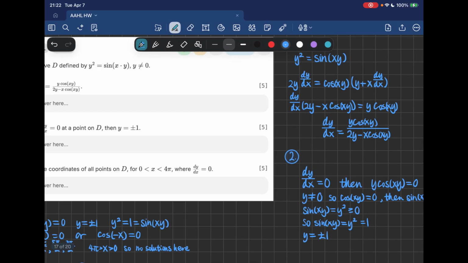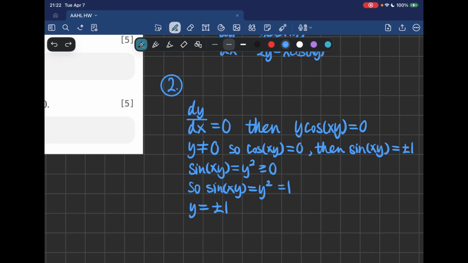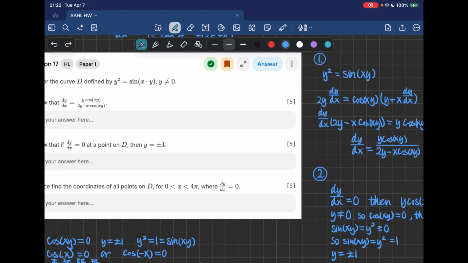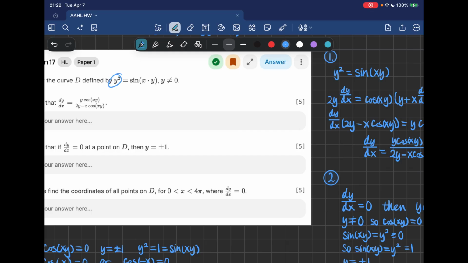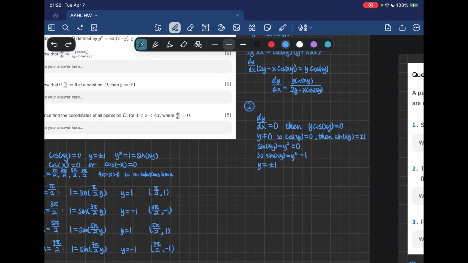And sine xy is actually in the original formula. So if that thing equals 1, then y to the power of 2 equals 1. So if y to the power of 2 equals 1, then y can be plus or minus 1.